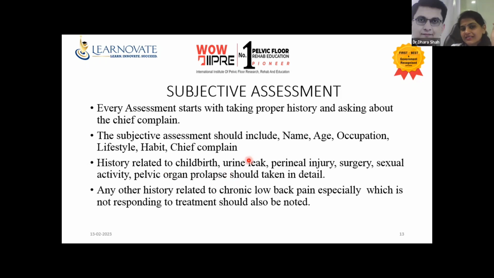You might be surprised why I have written urine leakage here. But even a female with urine leakage can have vaginismus. That will fall under incoordinated dysfunction. Even that can be possible, that vaginal muscles are in spasm, but urethral muscles are weak, and that's leading to leakage with vaginismus.